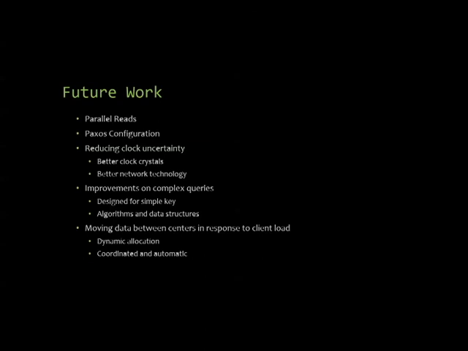And like I said, it needs to be coordinated between replicas. You can't just automatically send them over there without that replica knowing that the traffic's coming. It has to be automatic but coordinated between the two replicas that are handling the data.